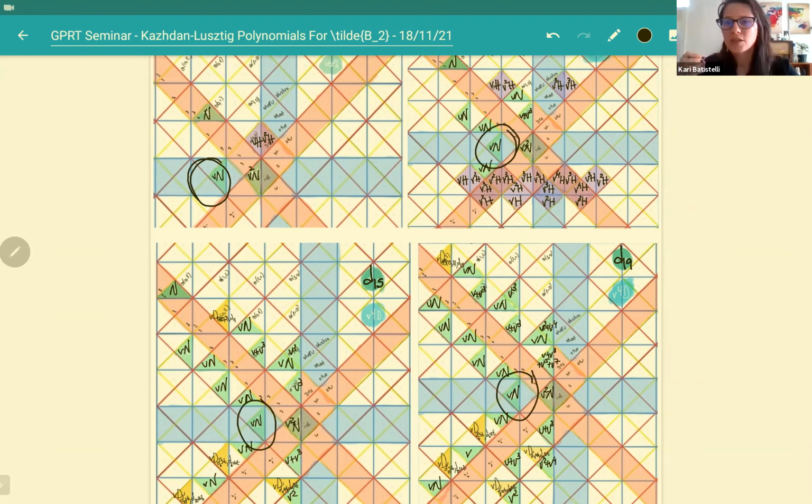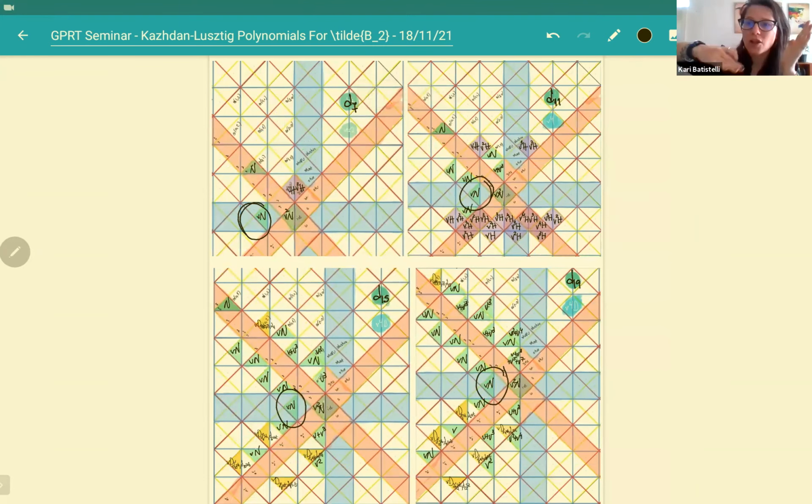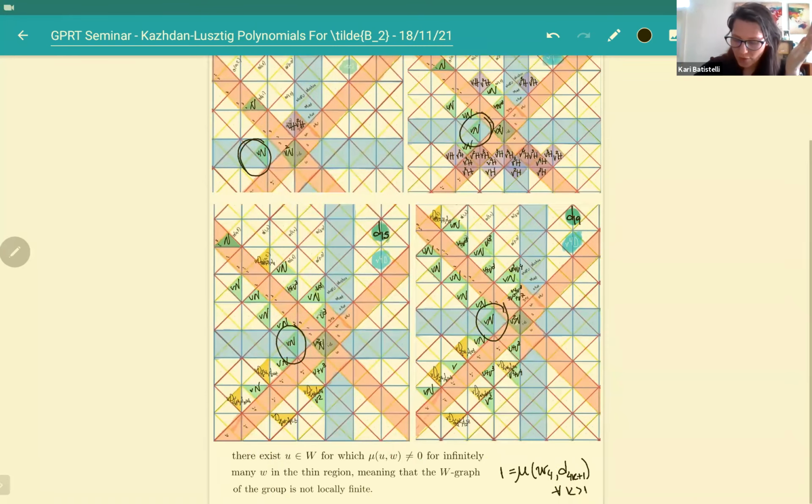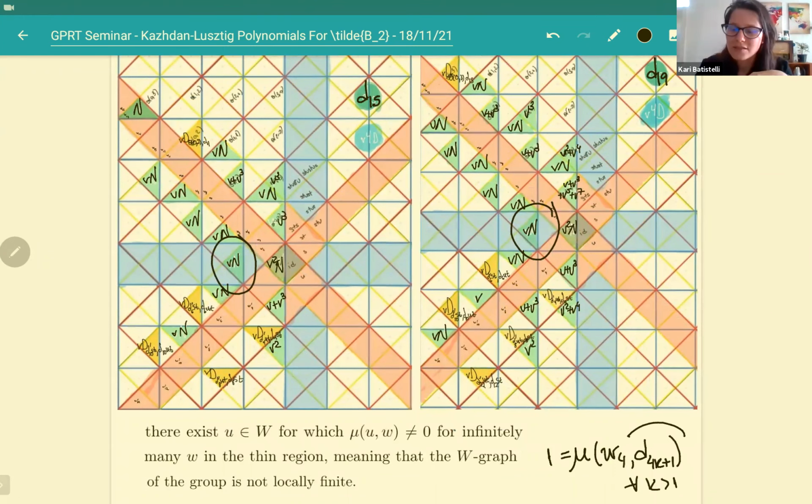The mu coefficient was the coefficient that accompanied v. So the person West 4 is always going to have mu coefficient 1 in all of these pictures, not only in these pictures, but in all of the pictures showing up forever. And so I can say that the mu coefficient of West 4 in D 4k plus 3 is going to be 1 for all k bigger than 1.